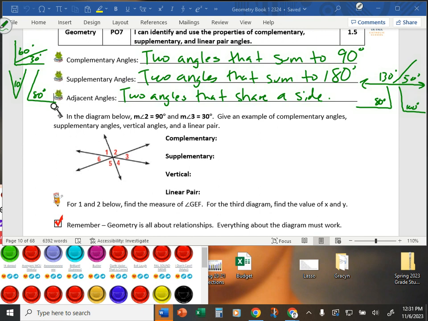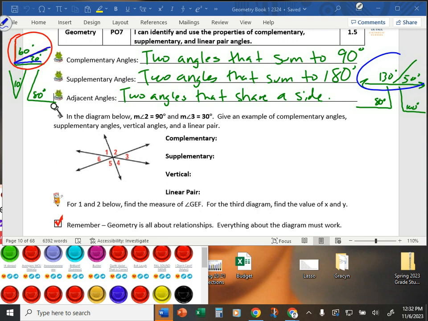An example of adjacent angles, we've talked about this before. These are adjacent angles, right? They share that side. You've got your 60-degree angle here and your 30-degree angle here together. That blue-red side is shared. And same thing here. These would be adjacent angles also, right? Two angles that share a side.